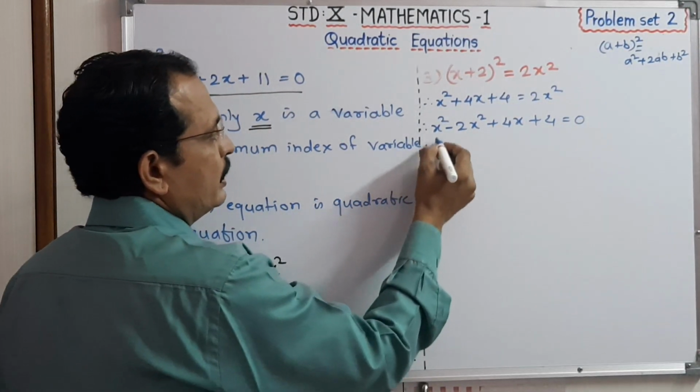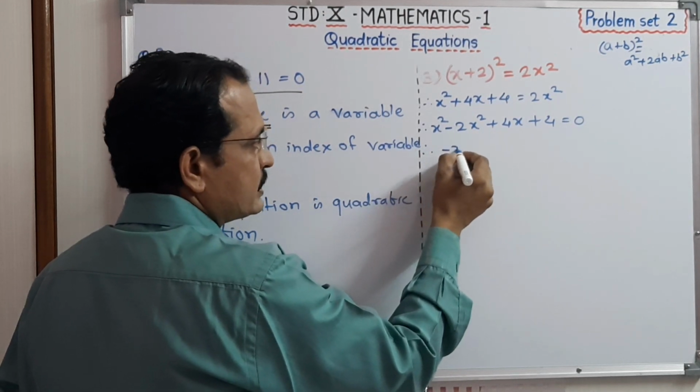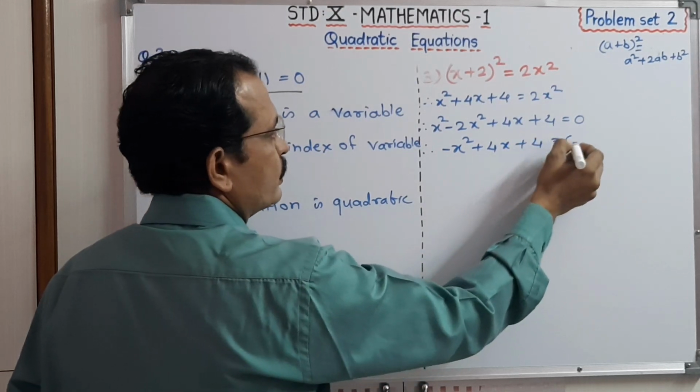Now see here, x square minus 2x square, we get minus x square plus 4x plus 4 equal to 0.